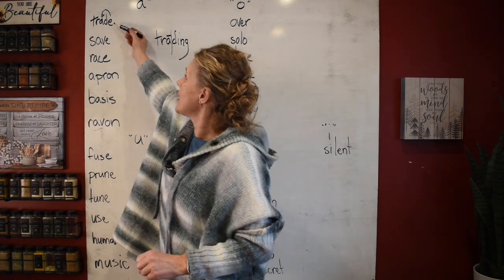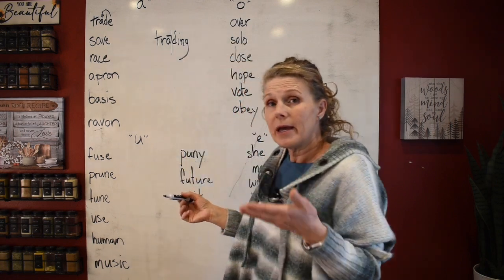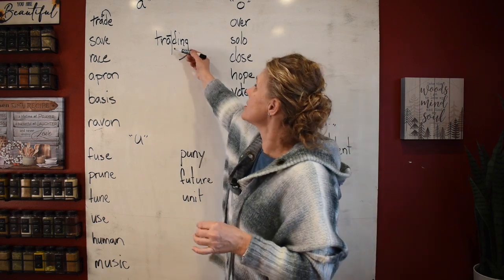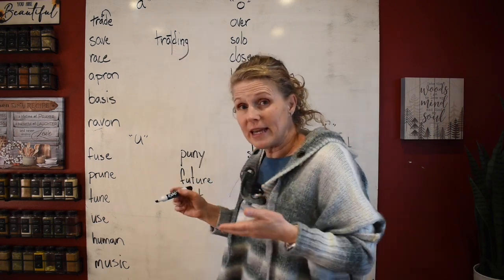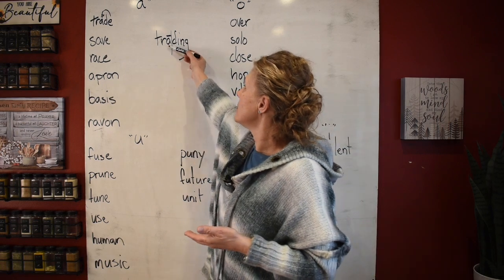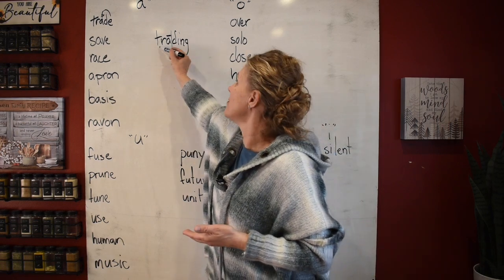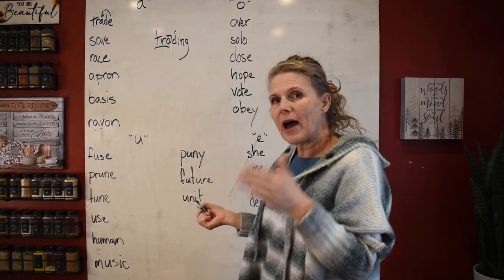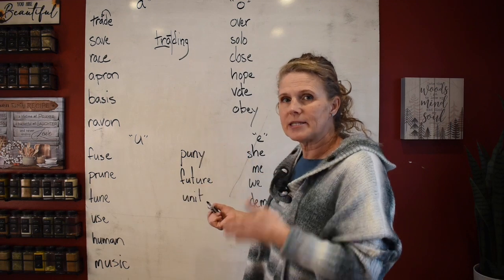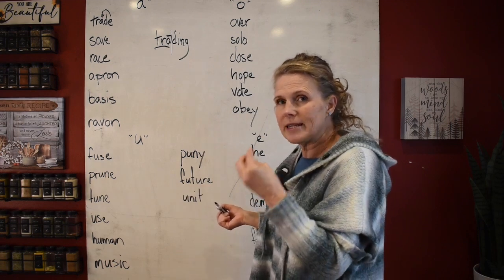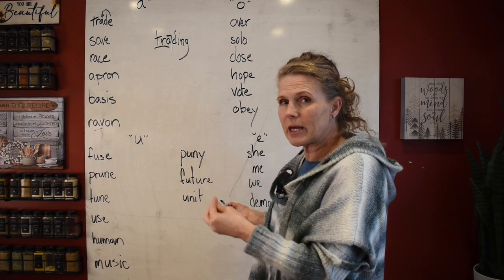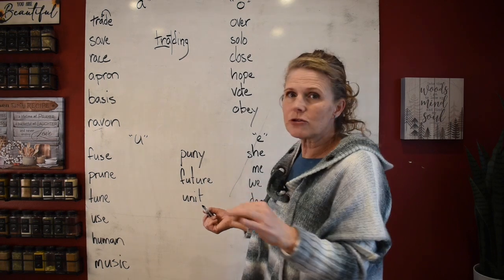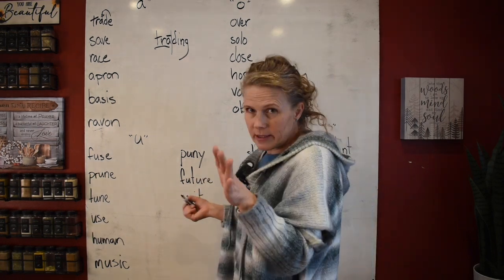In the first one, the E is making the A long. But in this one, what's forcing the A to be long is the open A syllable, and this is the accented syllable. So we're going to go over that once you add on so you can identify. It's so important that you're identifying this syllable because it's going to teach you how to say the vowel sound. And A's are tricky anyways.